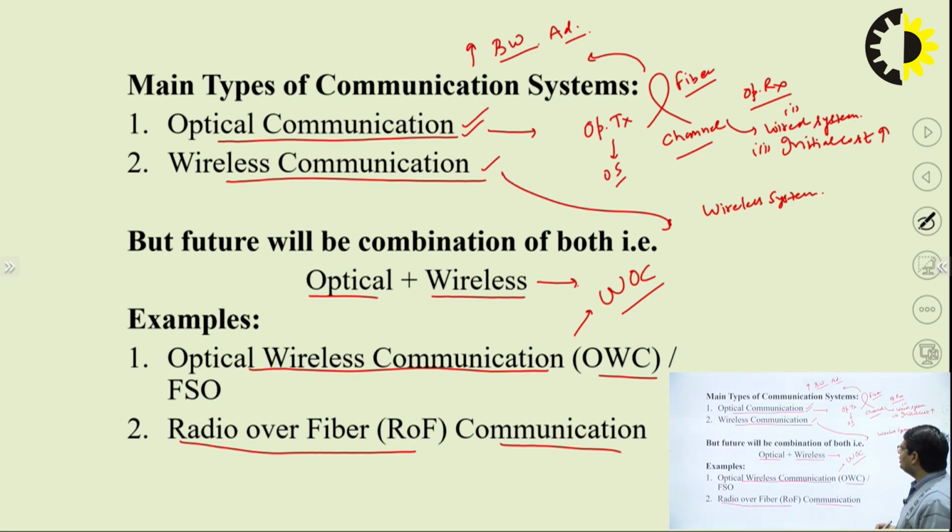in the wireless communication what we have is, we have a RF transmitter, then we have a channel, so as this is a wireless communication system, the channel is basically nothing but the free space or atmosphere.